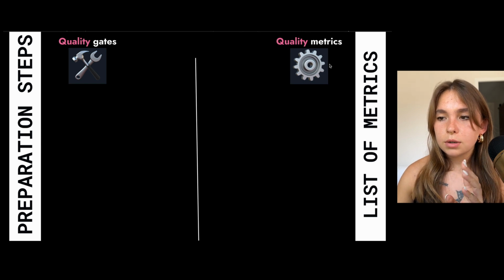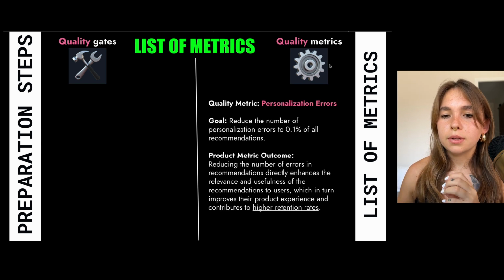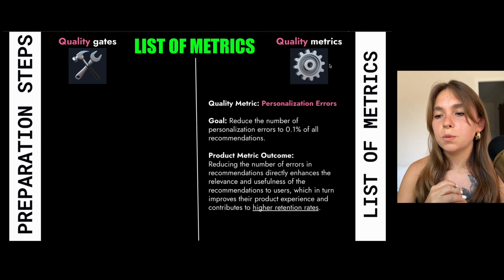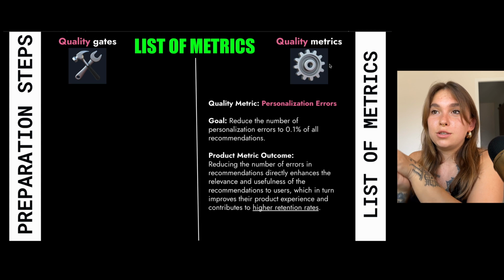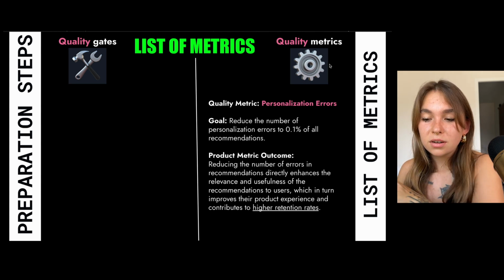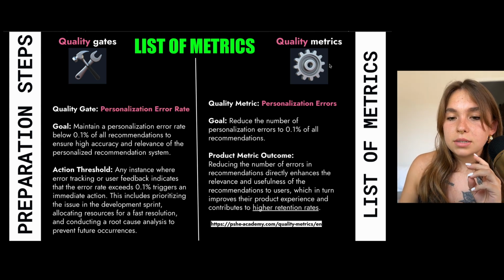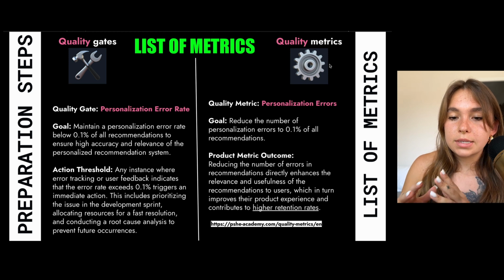Okay, so what about quality metric and quality gates? For example, coming back to our previous example, we have our personalization errors. We already set up this quality metric based on product metric, based on business metric, and right now we are setting up our quality gate.